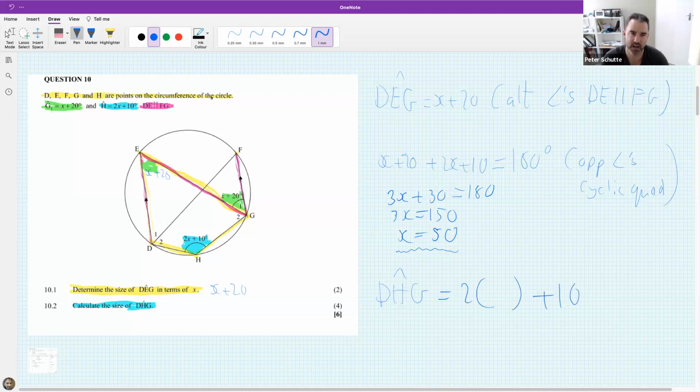Well, it's 2 times something plus 10, but what is that something? I think it's what we just found. So what is my DHG going to be? It sounds a bit like a GHD. Apparently that's a popular hair thing. DHG, so it's 110, yes.